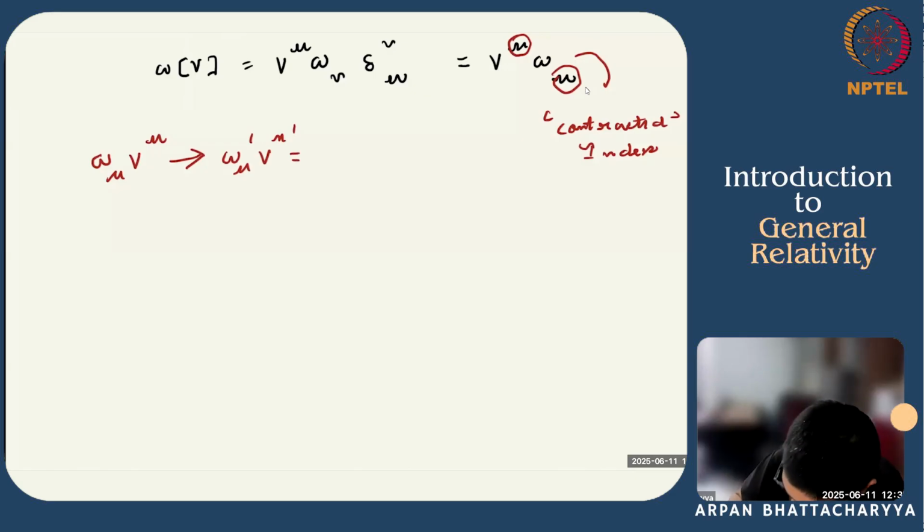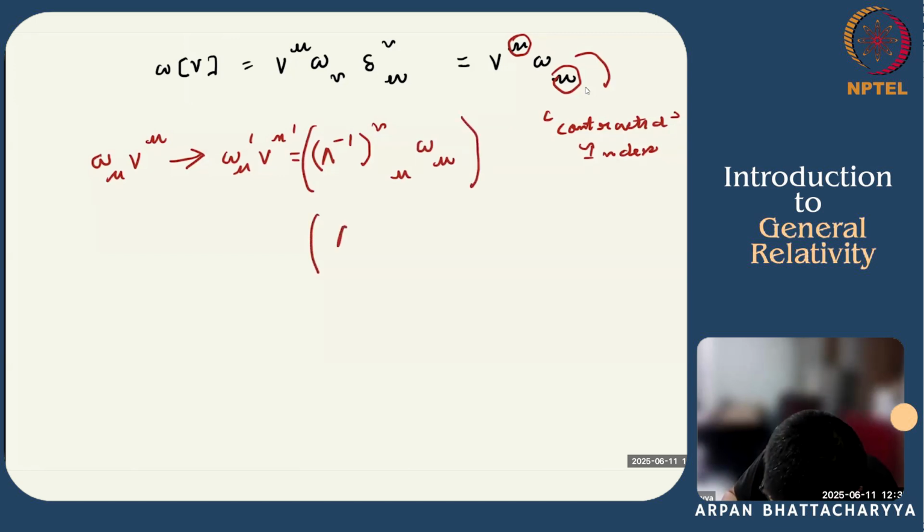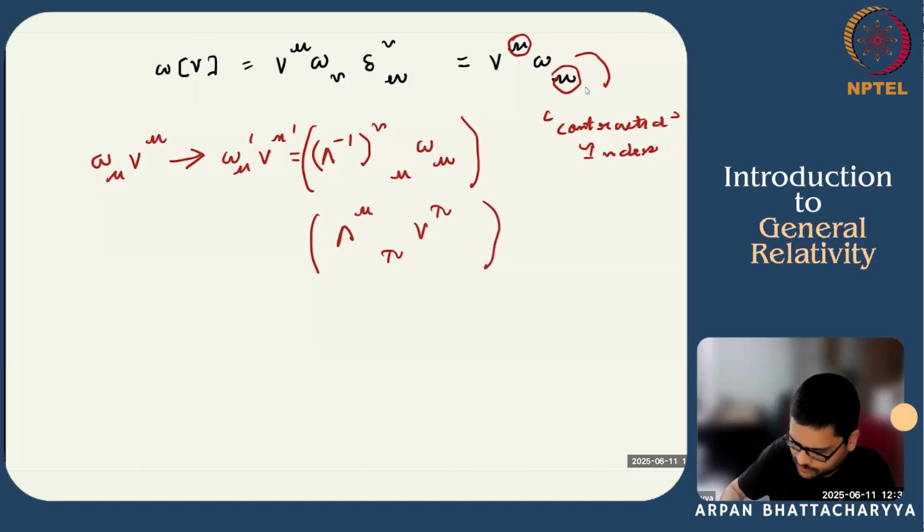We know that omega transforms under the inverse Lorentz transformation in the following way, and v will transform under the Lorentz transformation lambda. Now these are just some numbers, so we can rearrange them in the following way.